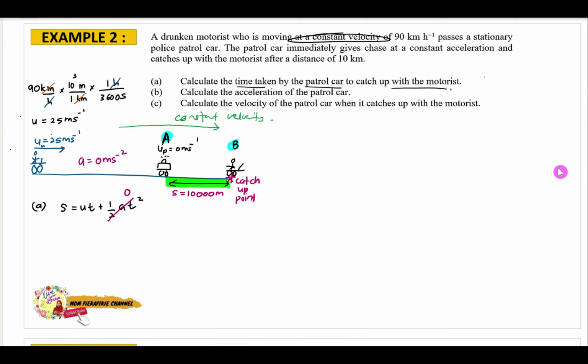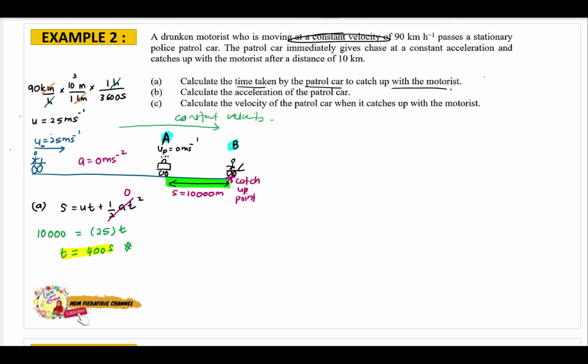Now we consider A to B, because we want to know the time the police car catches the motorist. So S should be 10,000, is equal to u, the initial velocity of the motorist, 25, times t. So the answer should be 400 seconds. This is the answer for A.